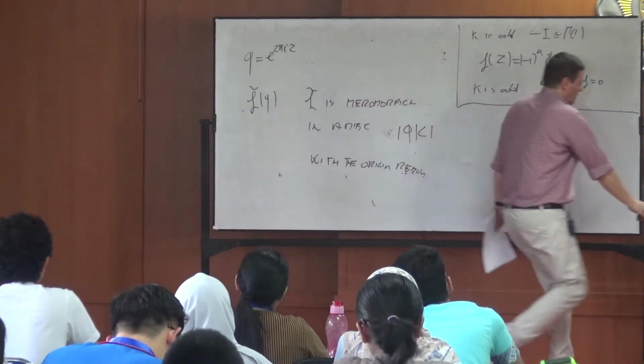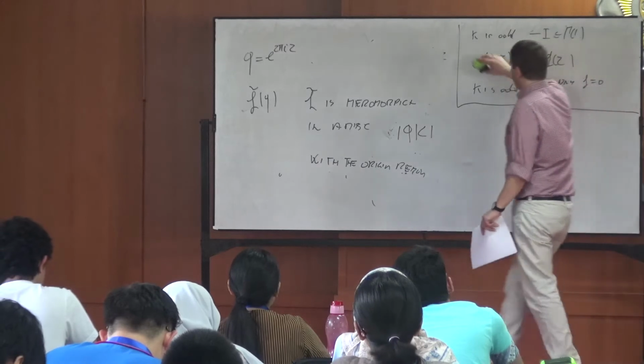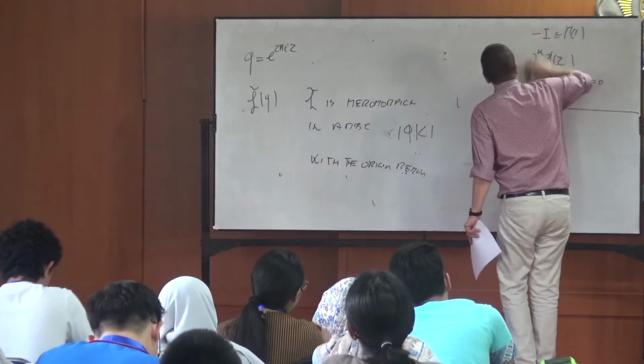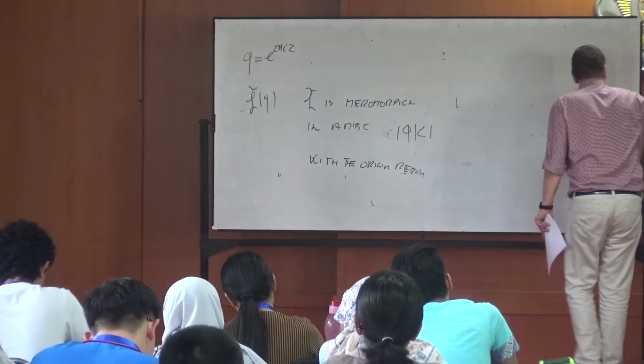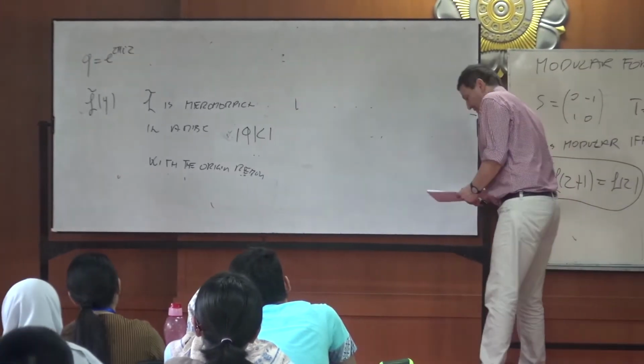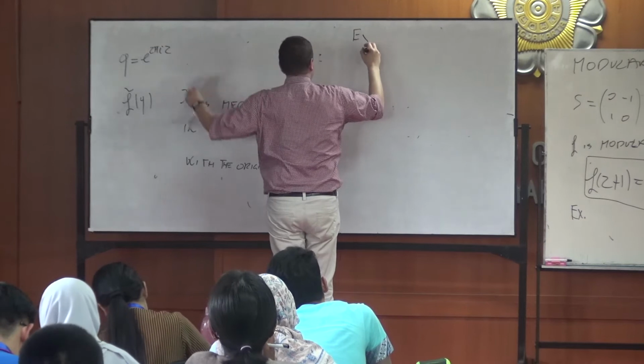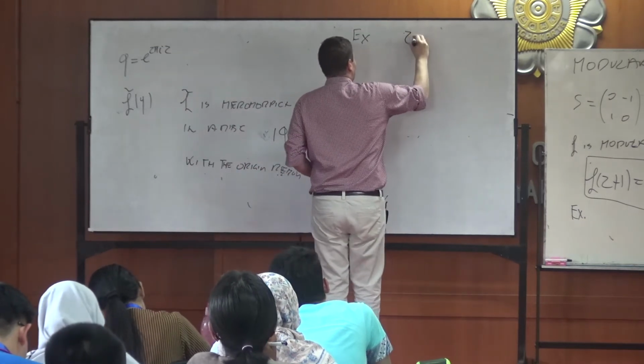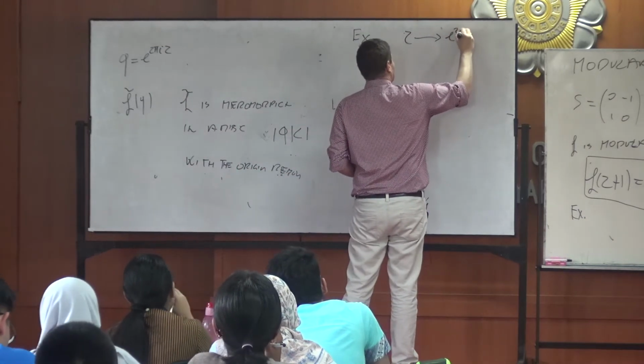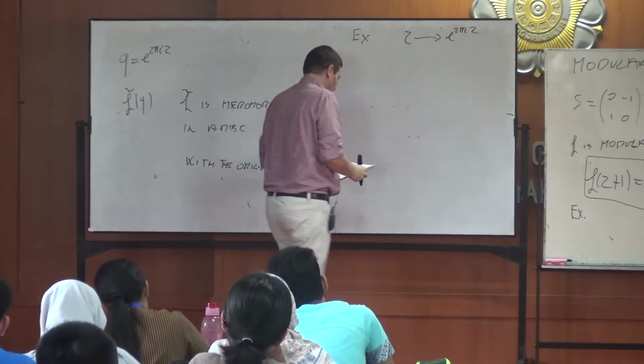If you have never seen it, the point is that mapping, and this is another exercise. You have the mapping tau goes into e to the 2 pi i tau.